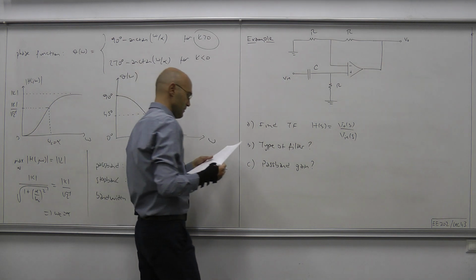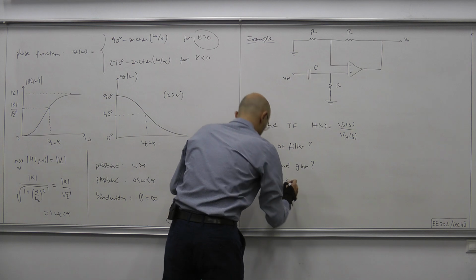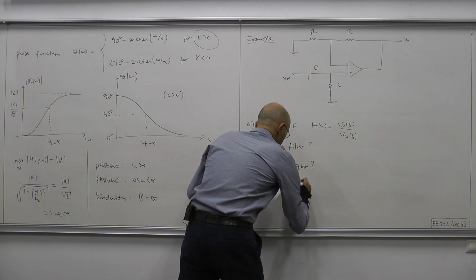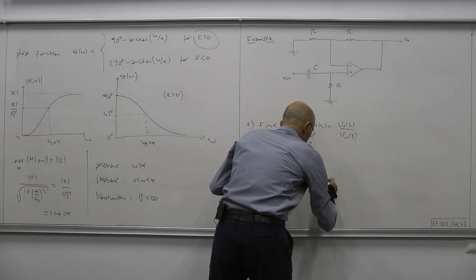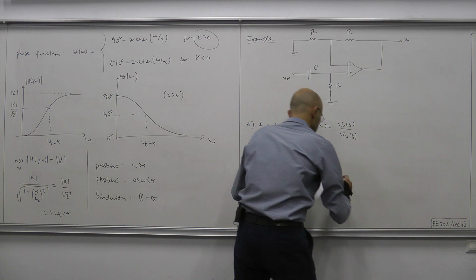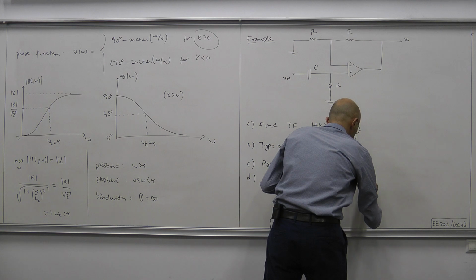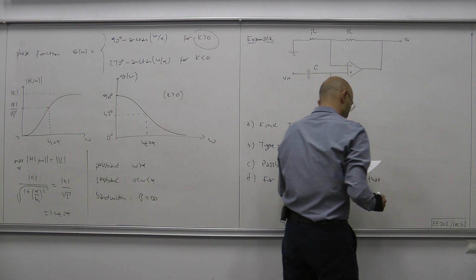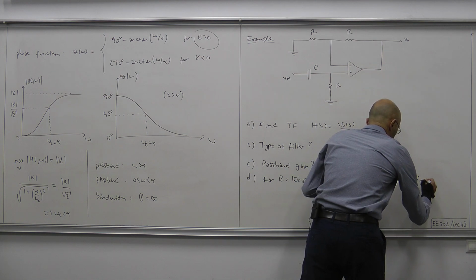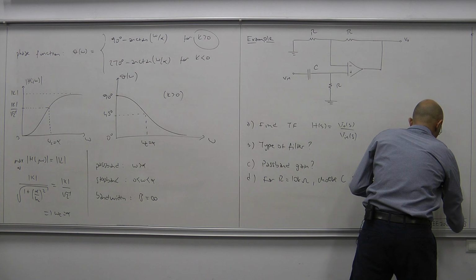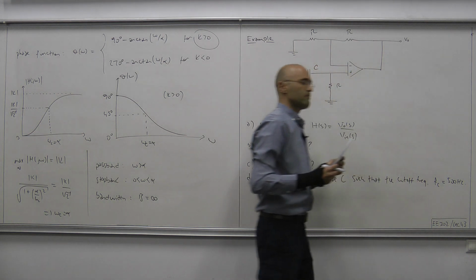Okay, and for resistance values taken to be 10 kilo ohms, design the circuit, or choose the capacitance value C, such that the cutoff frequency equals 500 Hertz.